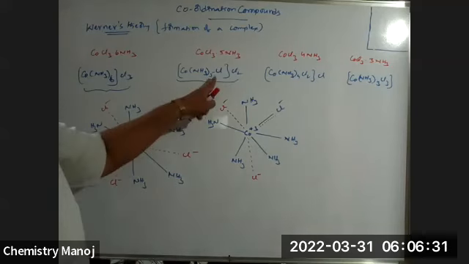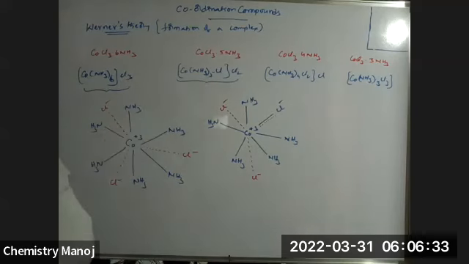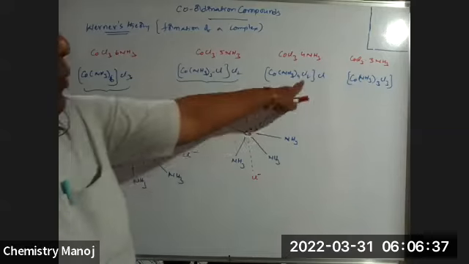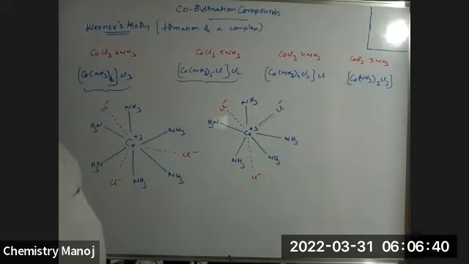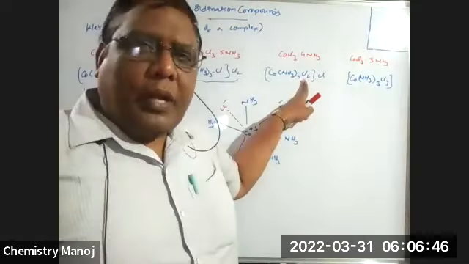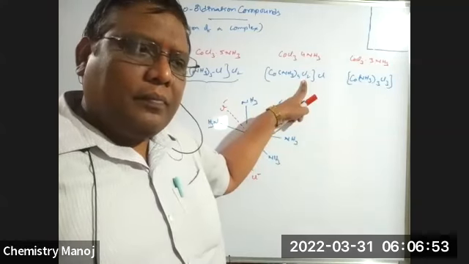See, my dear, in this structure, how many chlorines satisfy both primary and secondary valency? Only one. Like that here, how many? First one. How many chlorines satisfy both primary valency and secondary valency? Two chlorines. How many satisfy only primary valency?